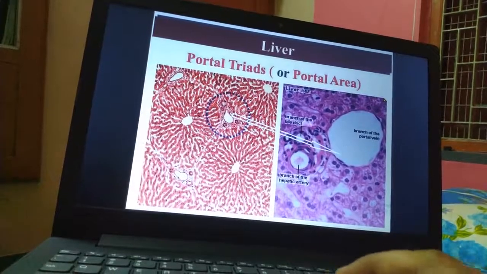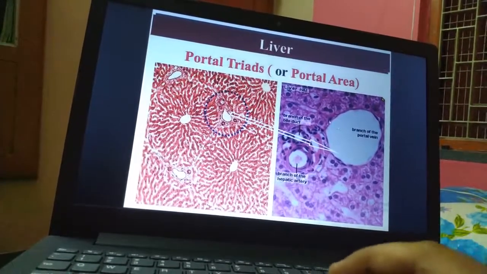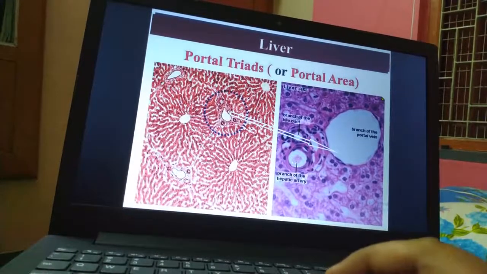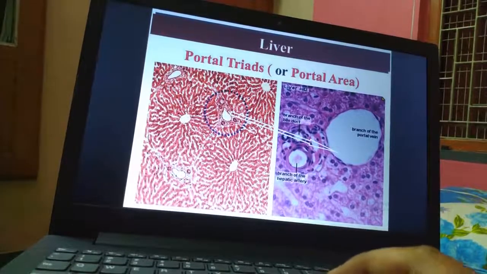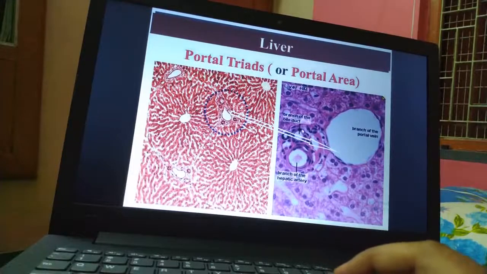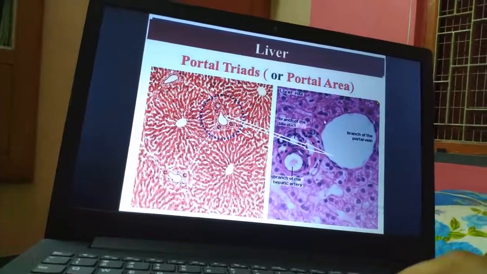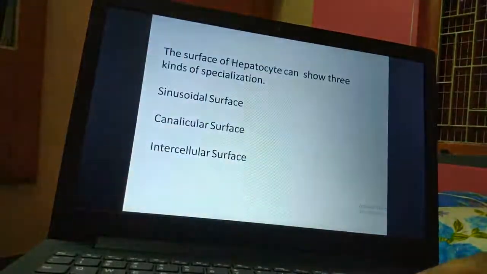So this is all about the portal triad, and here you will see the largest area, the portal vein, then the branch of the hepatic artery, and then the hepatic interlobular bile duct. So these are the three things you will see. So I repeat the characteristic features.